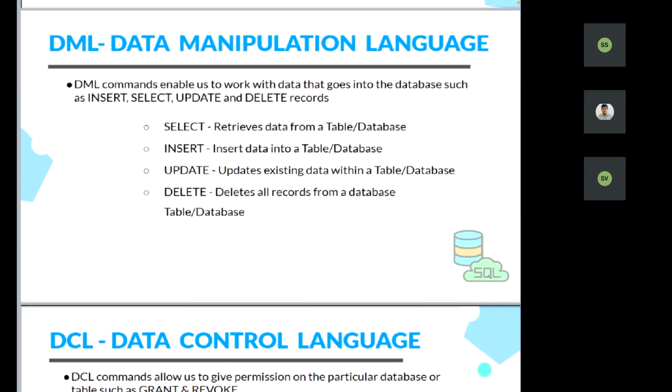So next is data manipulation. How will we use data manipulation? Data manipulation is what enables us to work with the data that goes in the database, such as insert, select, update, and delete, which are like the queries you will write.